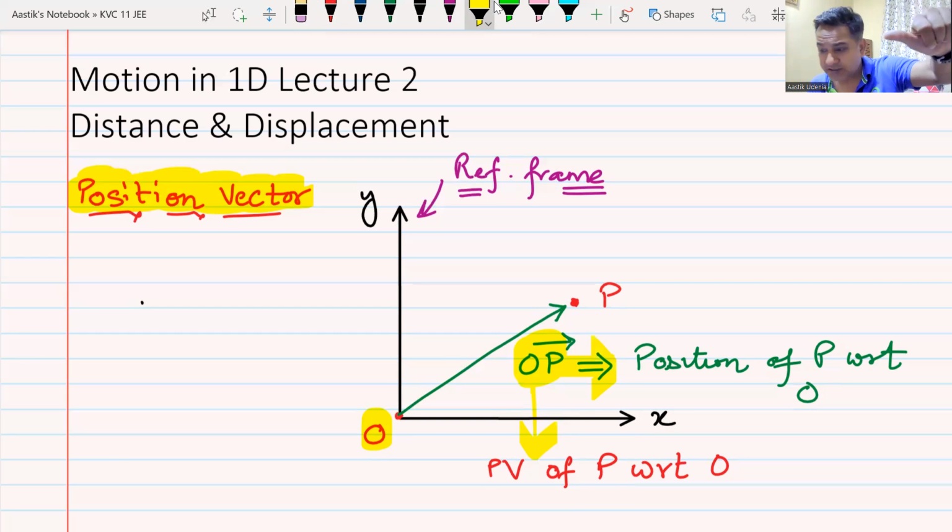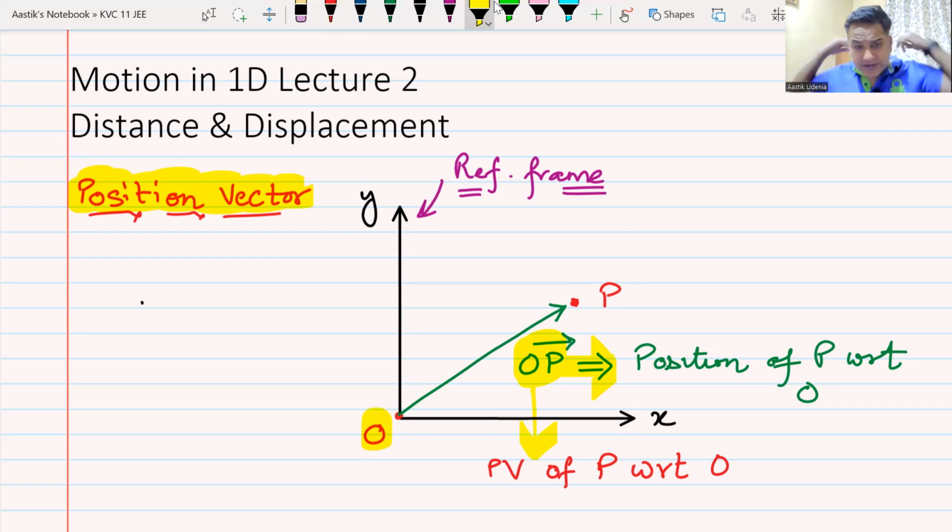Is it difficult for you to understand this? You look at the name and you understand the meaning behind the name. Position vector is a vector which gives us the position of any point with respect to the origin. Everyone in the class, we understand this?